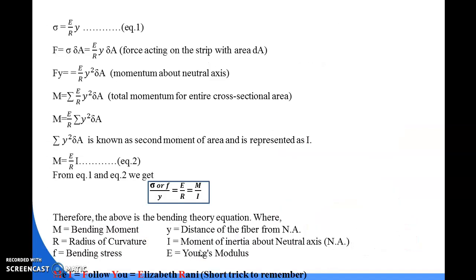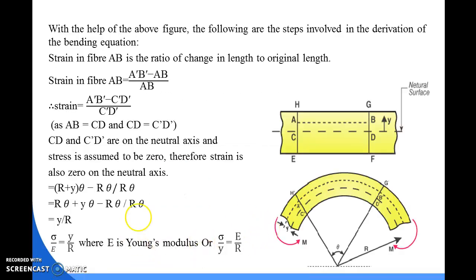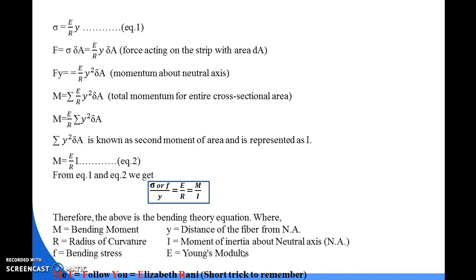Now, the second half of the derivation part. From this equation, sigma by y is equal to E by R. From this equation, we can find the sigma value as sigma equal to E by R into y. But according to the stress formula, stress is equal to force per unit area.